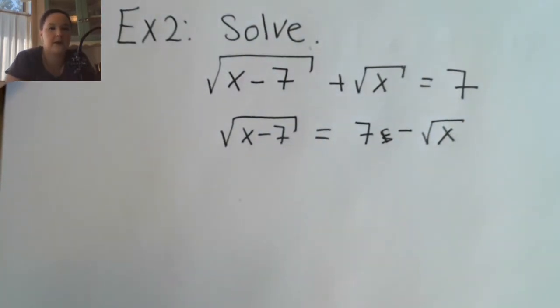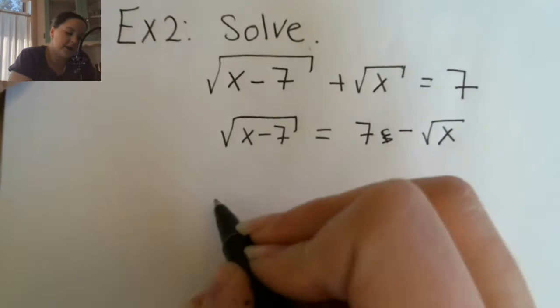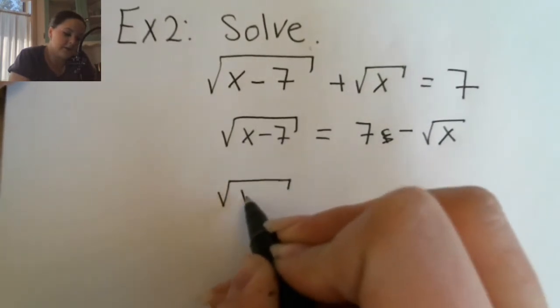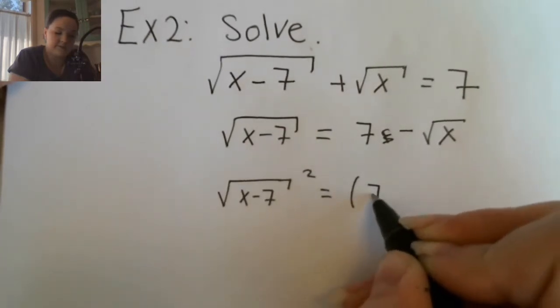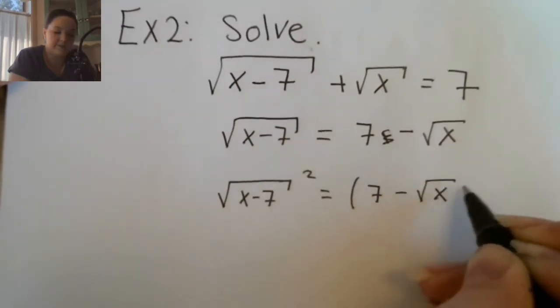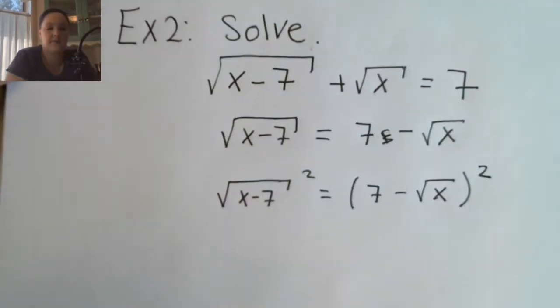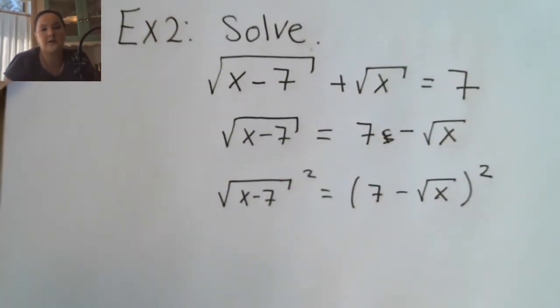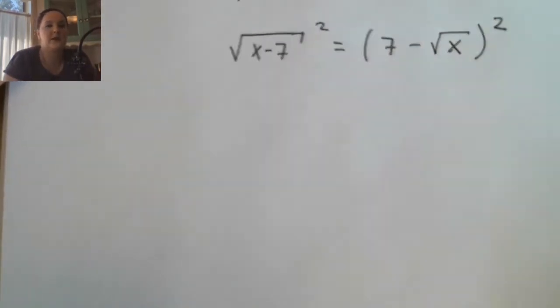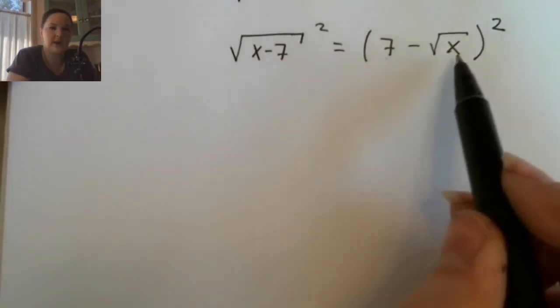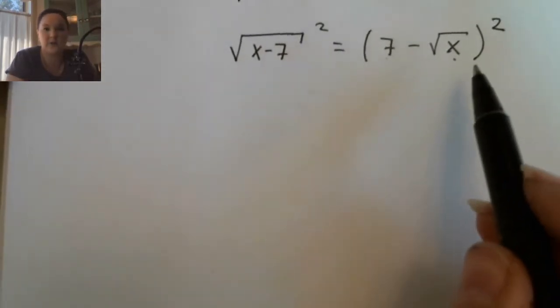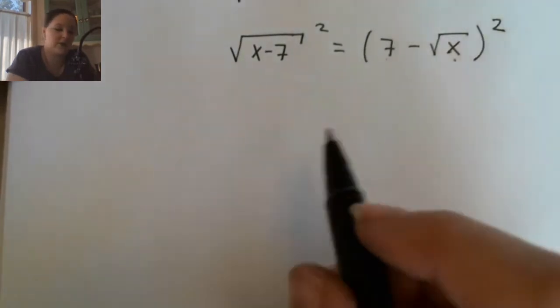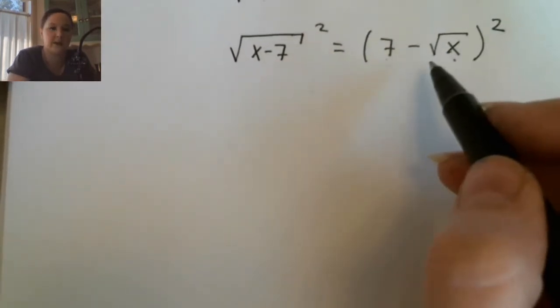Now I'm going to square both sides. And this is very important. When you get to this step and you're squaring this side that has 2 terms, you have to write it out and actually square it correctly. You have to FOIL it out. You can't just square the 2 of them separately.